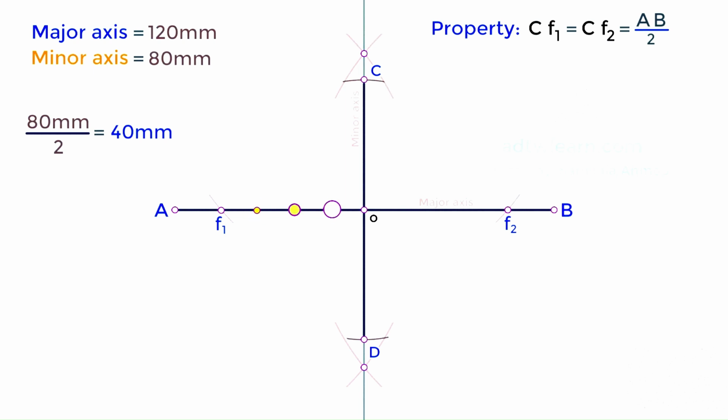Next, we need to mark some points on major axis in between points F1 and O. The distance between the points can be anything. Take a compass and take some length on the compass, and mark some points on this line.